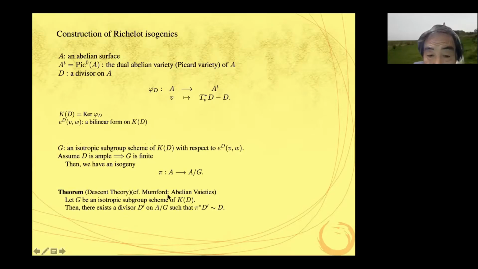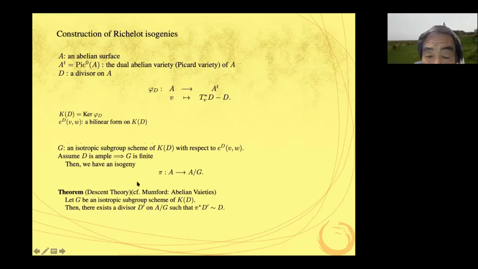And for descent theory, for example, you can consult Mumford's Abelian Varieties. Let G be an isotropic subgroup of KD, then there exists a divisor D prime on A over G such that the pullback is D. So if you take the quotient by a maximal isotropic subgroup, anyway, an isotropic subgroup is okay.